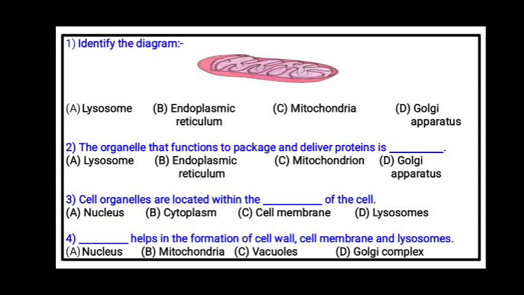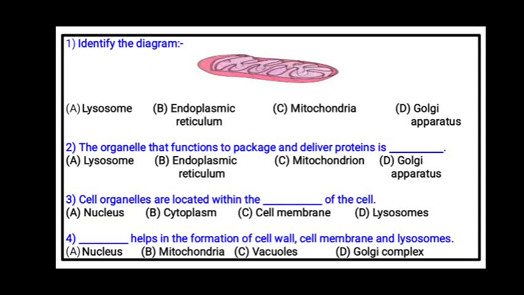Third one, cell organelles are located within the dash of the cell. First option, nucleus. Second, cytoplasm. Third, cell membrane. And fourth, lysosome.